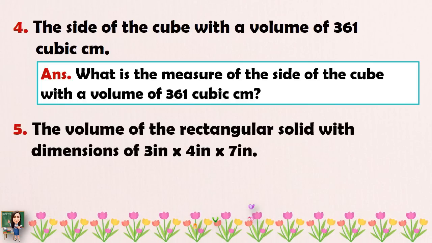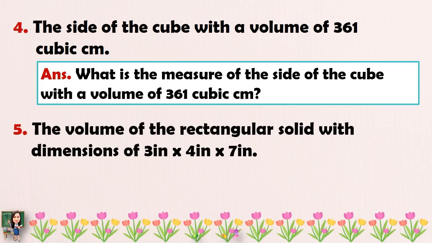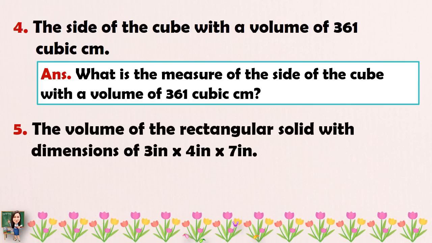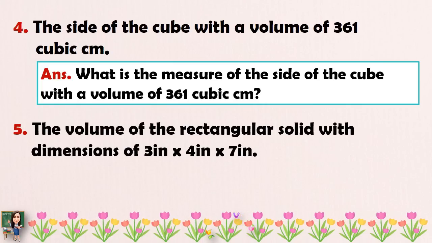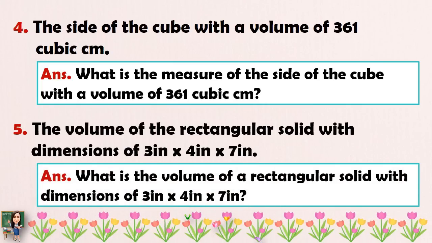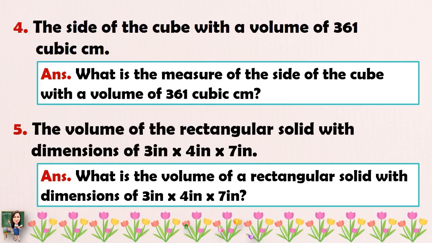And for number 5, the volume of the rectangular solid with dimensions of 3 inches times 4 inches times 7 inches. What is the best question for this? Very good. The answer is, what is the volume of a rectangular solid with dimensions of 3 inches times 4 inches times 7 inches?